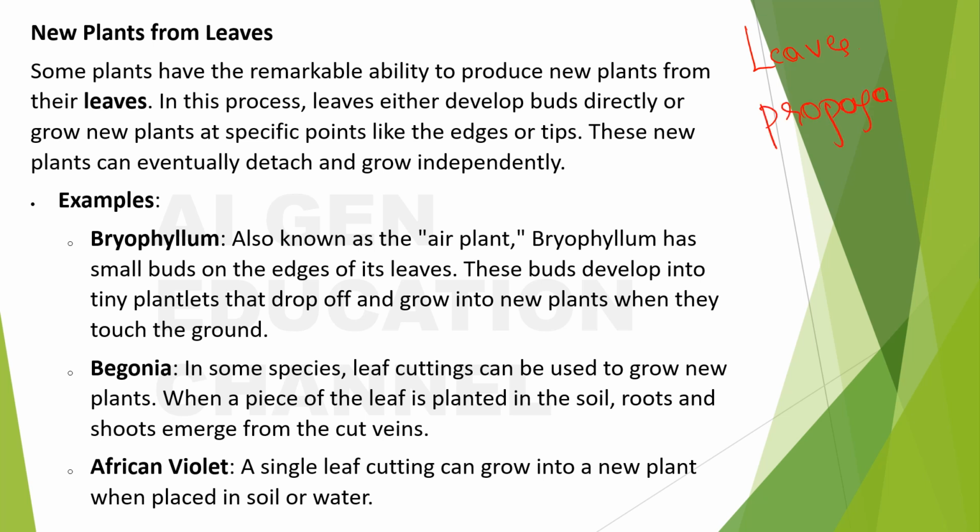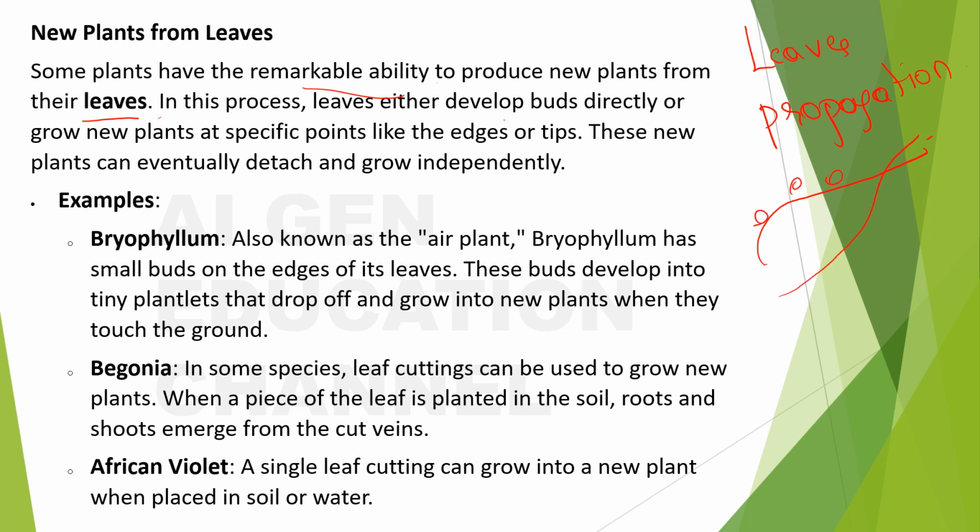Okay, you remember one thing, neither all roots nor all the leaves are capable of giving rise to a new plant, right? So only some leaves have this remarkable ability to produce new plants from their leaves. In this process, leaves either develop buds directly or grow new plants at specific points like the edges or tips. So what happens?